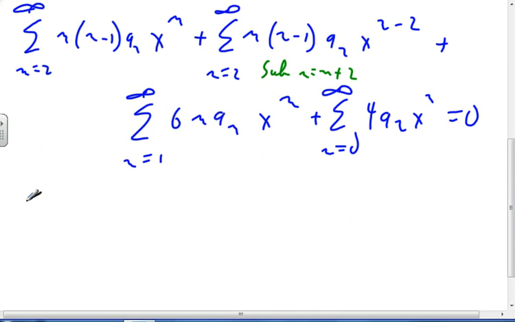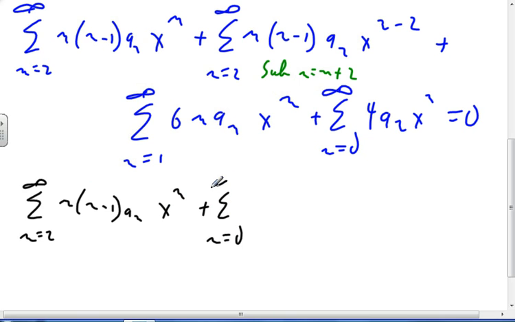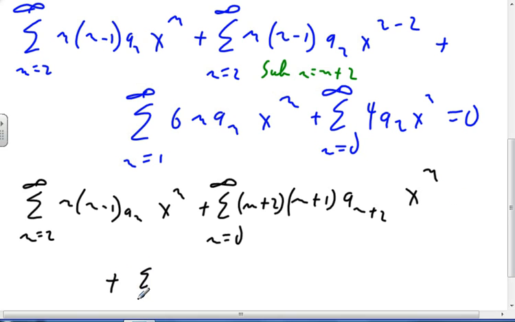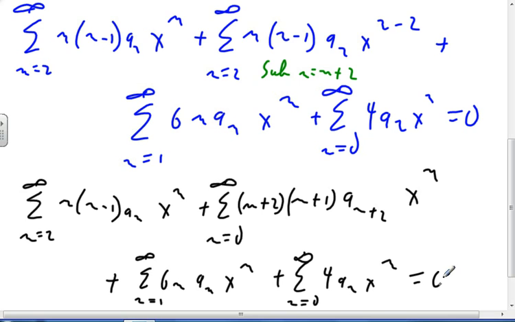Okay, now that I've done that, summation 2 to infinity n minus 1 an x to the n, summation n equals 0 to infinity n plus 2, n plus 1, an plus 2 x to the n, plus summation n equal 1 to infinity 6n an x to the n, summation n equals 0 to infinity 4an x to the n is equal to 0.